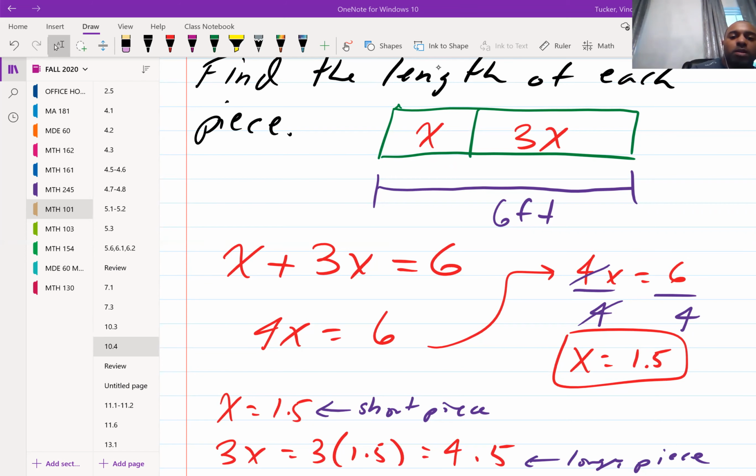All right, so now we have 4X equal to 6. Divide both sides by 4. And we have X equal to 1.5.